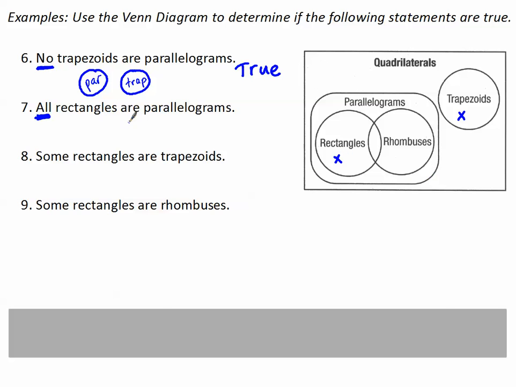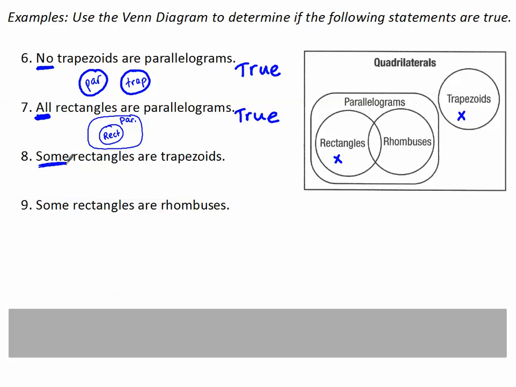So all rectangles are parallelograms is a true statement. Another quick reference for thinking about an all statement: if the bubble or the circle is inside, so the rectangle is inside the parallelogram group, all of this circle is inside, so we recognize that all of these things are also these things, parallelograms.